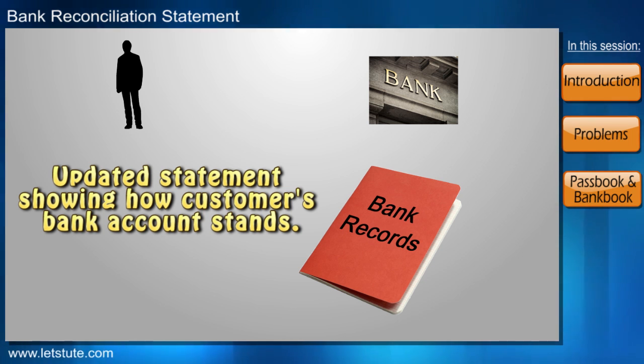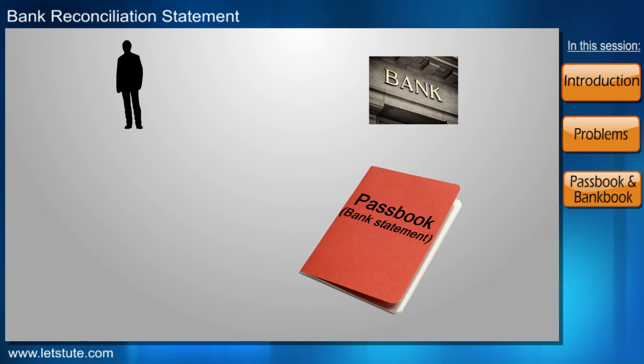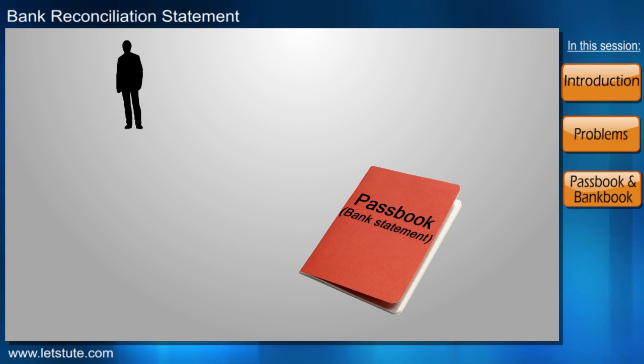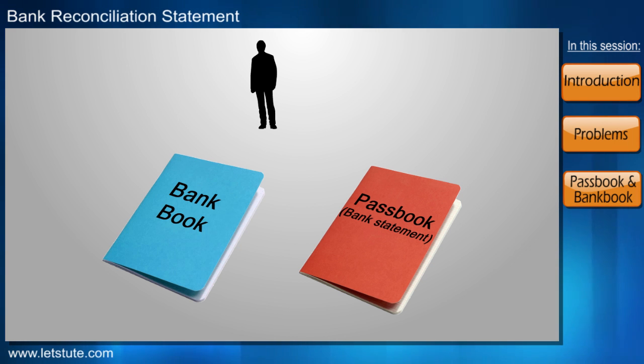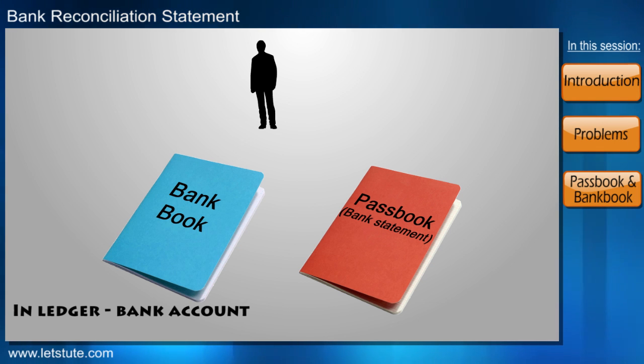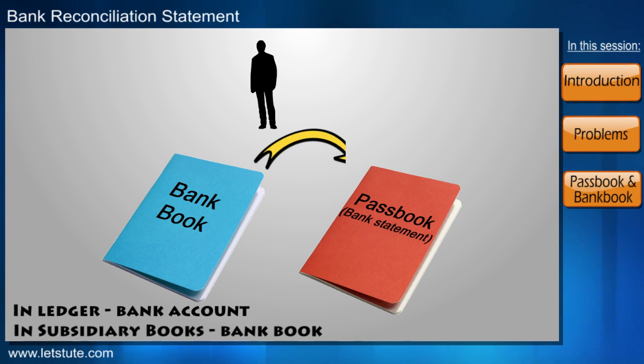This statement is called the passbook or the bank statement. If Daniel would have compared his bank account in his ledger or his bank subsidiary book to the bank passbook, he would have found out exactly how much amount the bank has debited or credited.